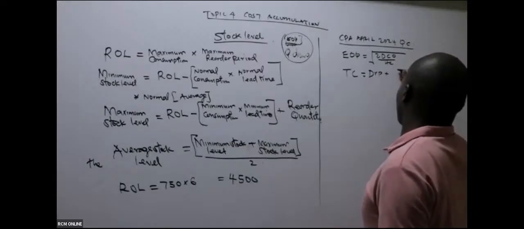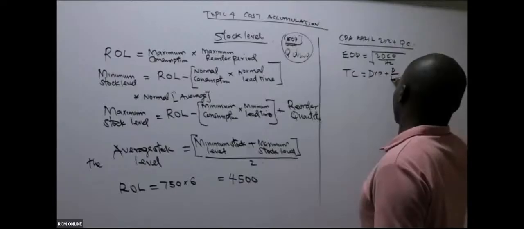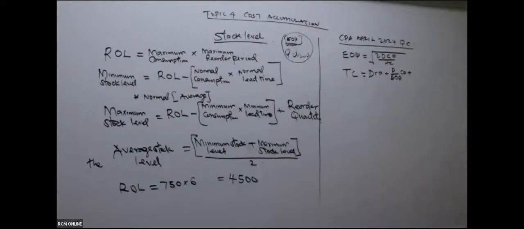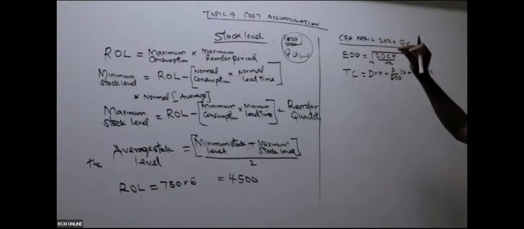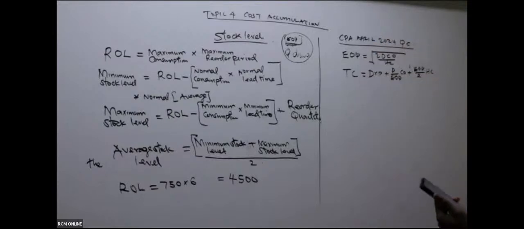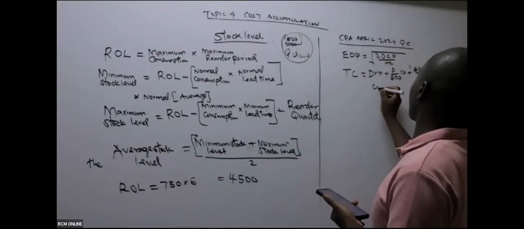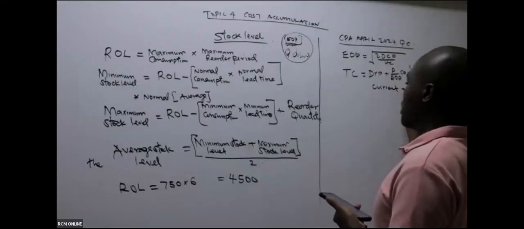So we talk about the number of orders, demand over economic order quantity, multiplied by ordering cost, plus holding cost, that is economic order quantity divided by 2, multiplied by holding cost. So these two formulas will enable us to advise this company accordingly. So let's see what we're going to start with. Let's go to the current system.